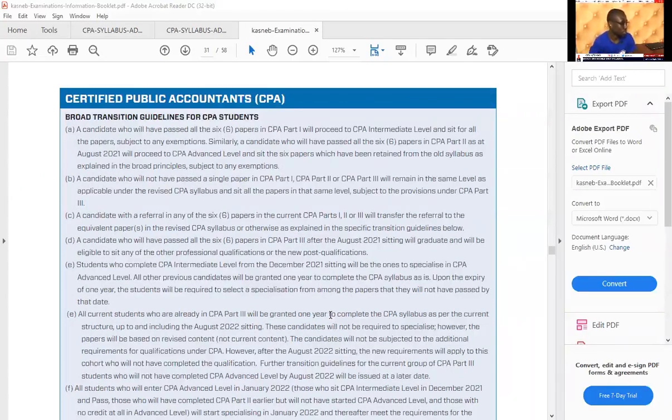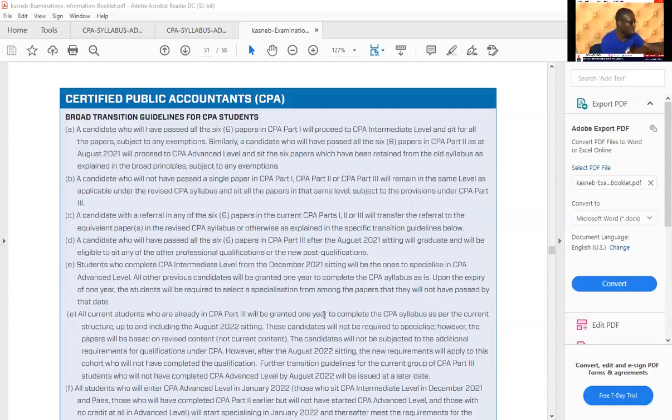Number one, according to the broad transition guidelines for CPA students, as I've said, you can get this document on the Kasneb website, or you can contact us on 0708-068-851, and we'll gladly share it with you.